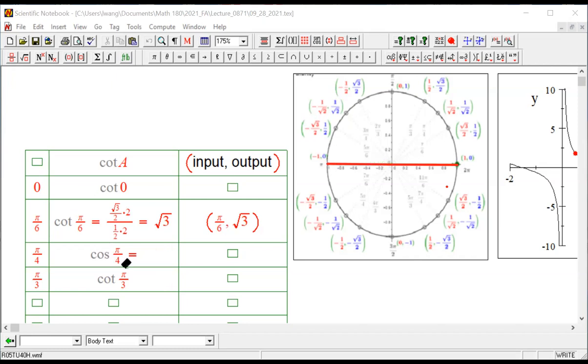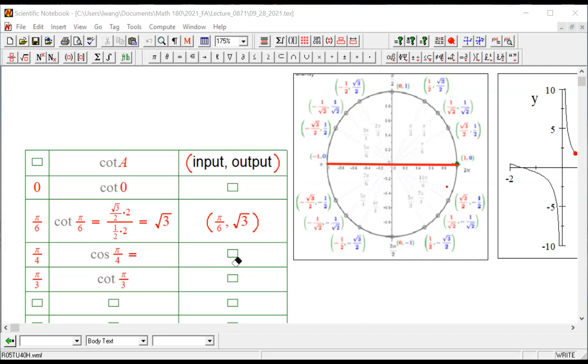So are you guys done with these calculations? Yeah? So by doing this, we are reviewing trigonometry all the way back to pre-algebra.